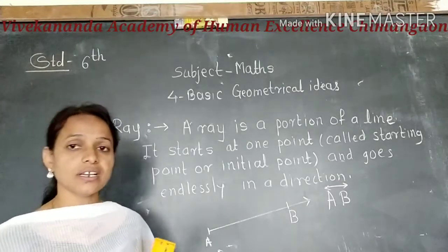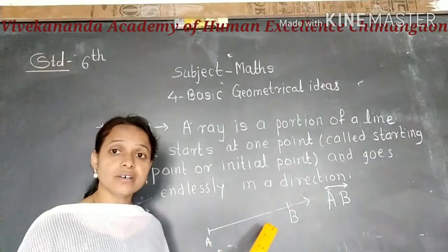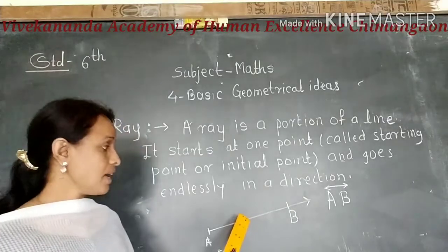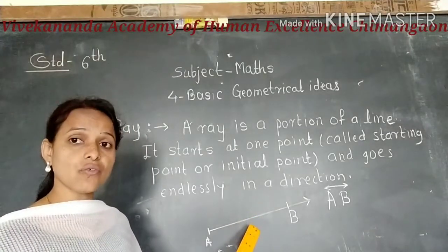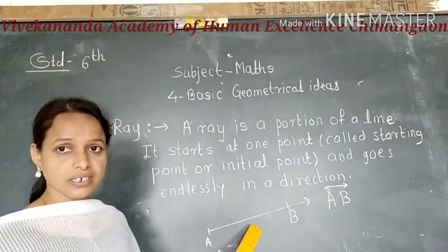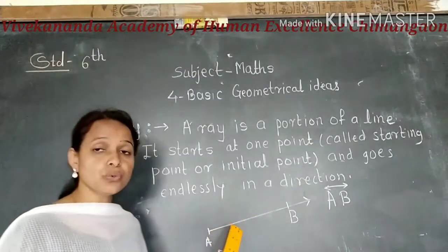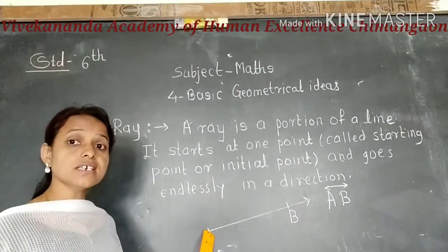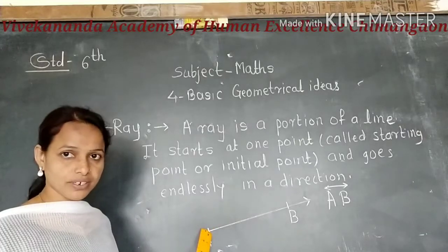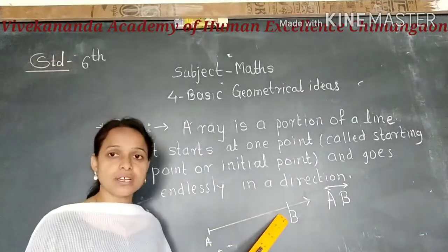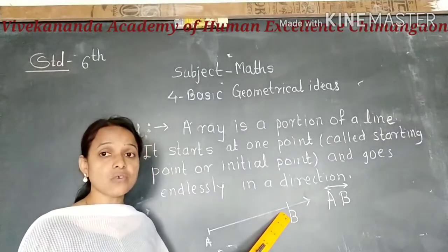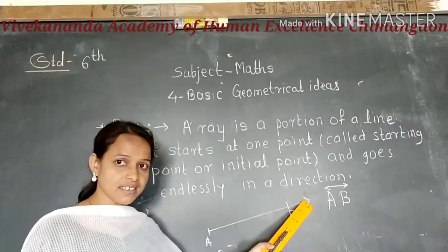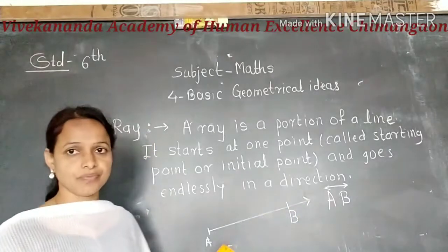Look at the figure of a ray shown here. Here I have drawn a figure of a ray. See students, there are 2 points. Point A is the starting point or initial point, and another point P is on the path of the ray, and it can be extended endlessly in one direction.